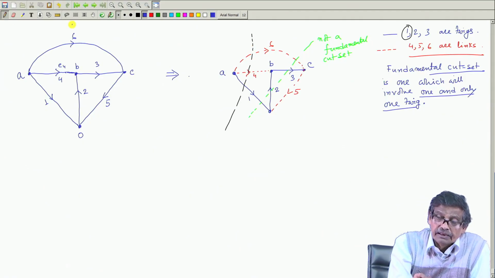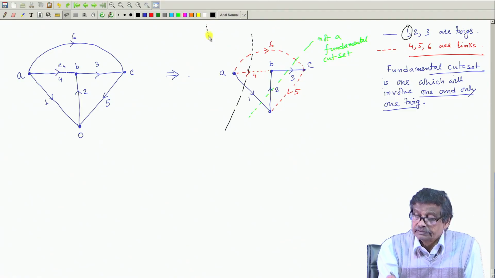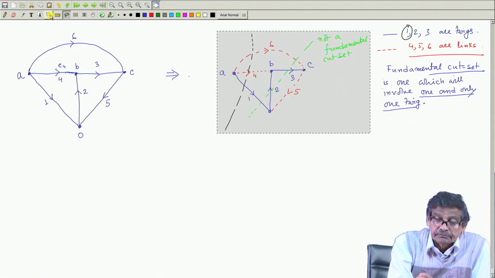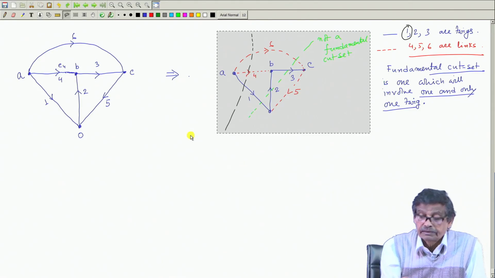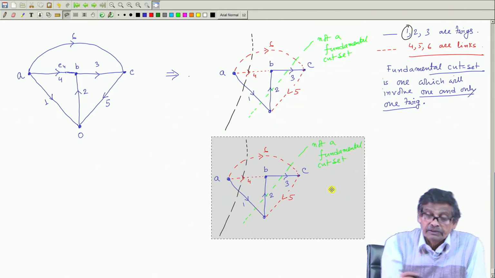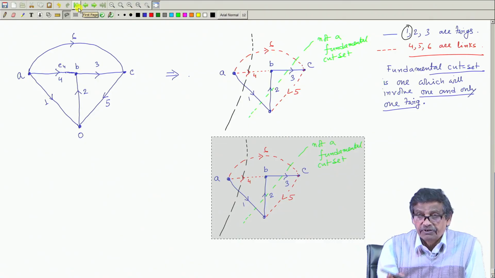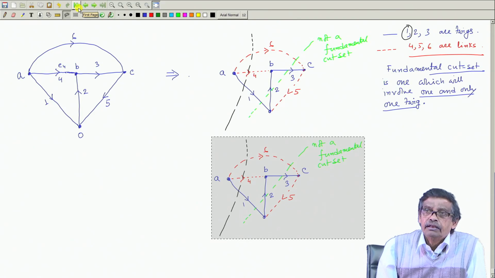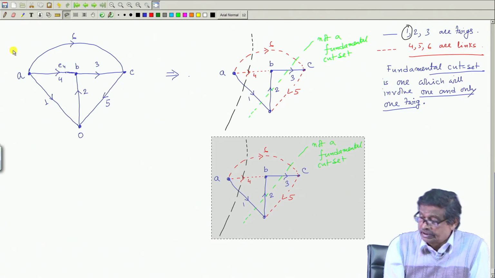So let me redraw this. This one you just copy and then paste here. So, in this diagram I will only draw the fundamental cut sets. How many fundamental cut sets will there be first of all? As many as there are twigs.